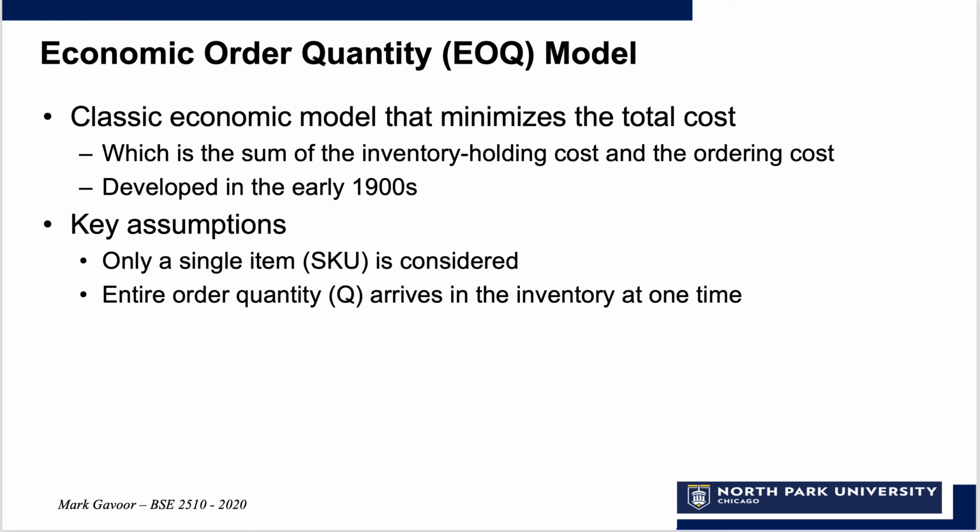Most real life models have further needs, and I'll explain that when we look at the assumptions. So it's a classic economic model that minimizes the total cost, which is the sum of the inventory holding cost and ordering cost only. Like I said, it was developed in 1913 in Factory Magazine, in an article by Ford Harris. And why only holding and ordering costs?